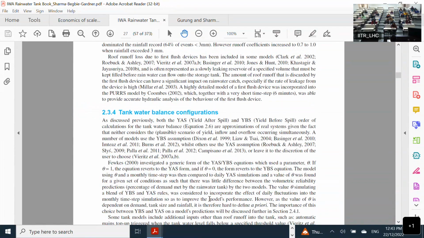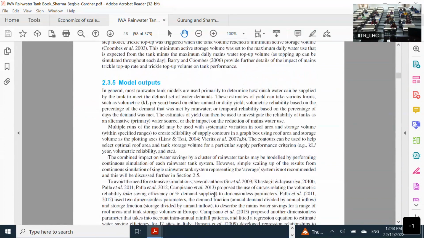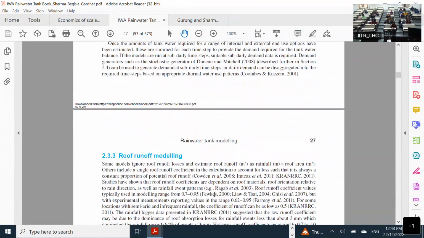Then there is roof modeling, then tank water balance configurations. As I talked about, you can have two situations. One, all your calculations are made when the water has already been estimated to have entered the rainwater tank, or your demand is before or after the water has entered the rainwater tank.